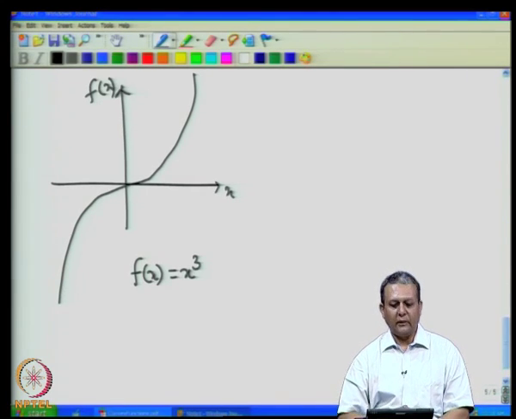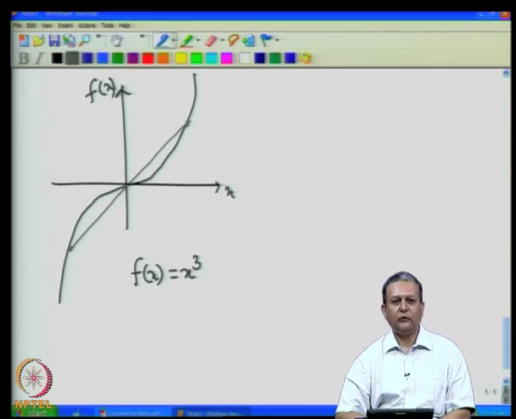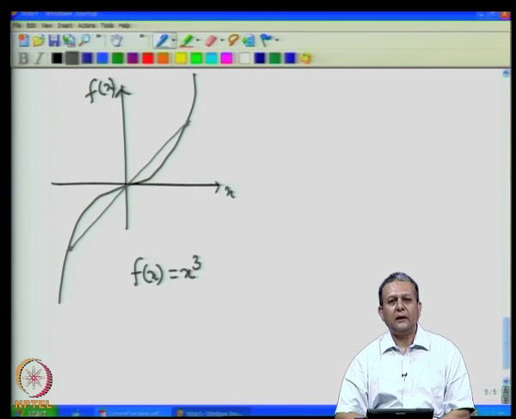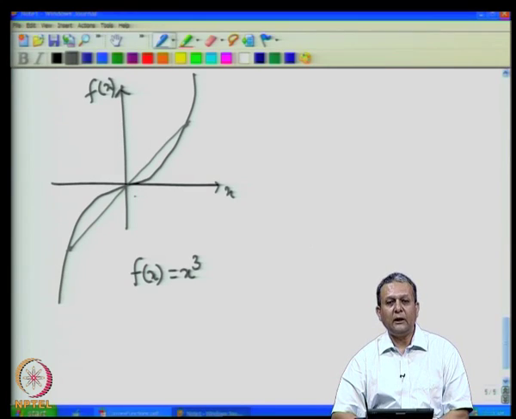If you take any 2 points on the graph and take a line segment joining those two, you will see that this function is neither convex nor concave. But suppose we restrict the domain of the function to the set of non-negative real numbers, then you will see that the function is convex.